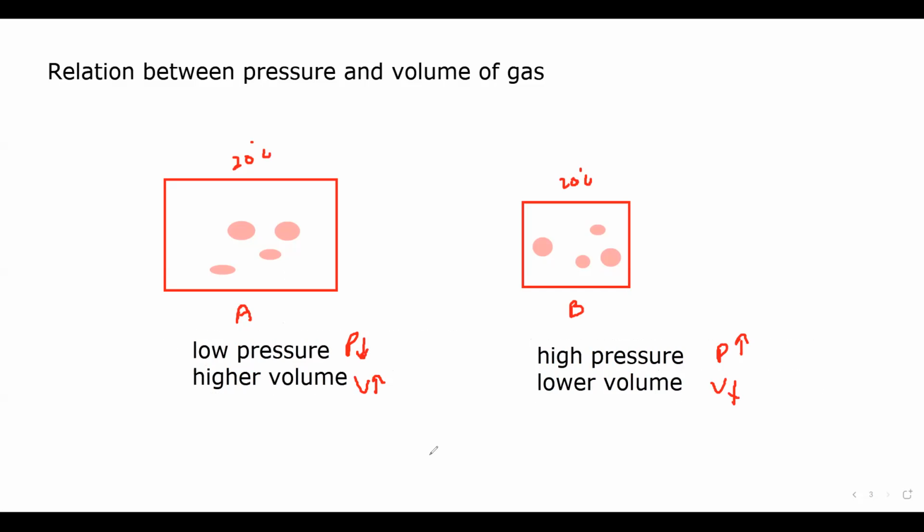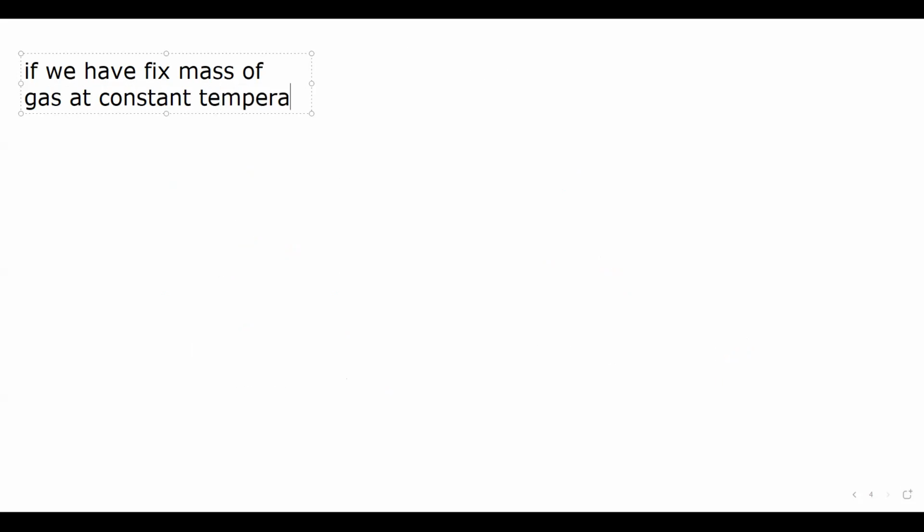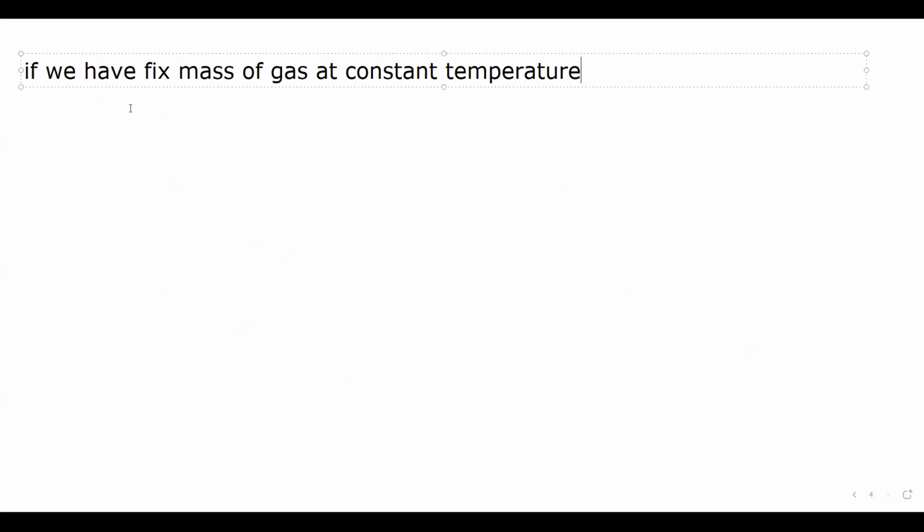So what we can say is, if the volume increases, the pressure decreases, or if the volume decreases, the pressure will increase. So we can say if we have a fixed mass of gas at constant temperature, then what is the relation between pressure and volume?